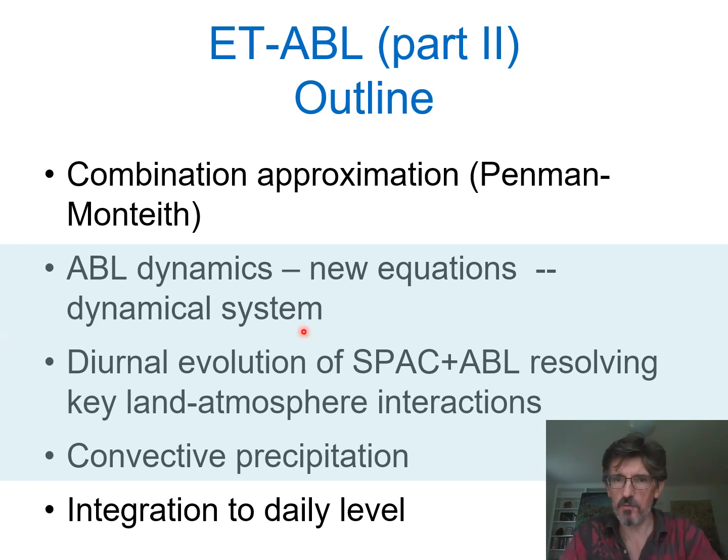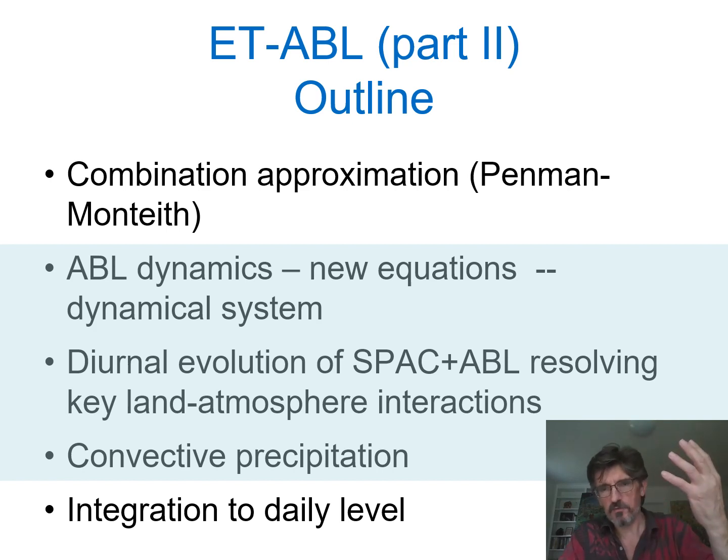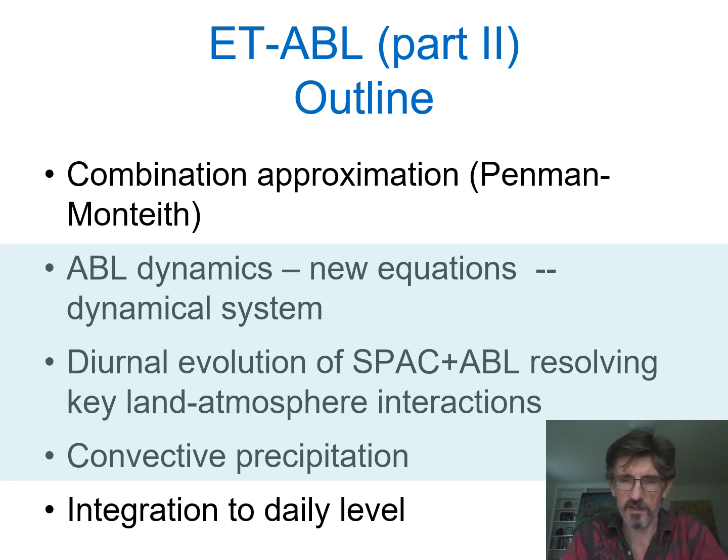These extra equations are the energy balance, the water balance, and the growth of the boundary layer equation, which form an interesting dynamical system, which provides us with the diurnal evolution of the combined Soil-Plant-Atmosphere Continuum and ABL system together. So this will help us describe the whole key land-atmosphere interaction: how land processes affect the atmosphere and how the atmosphere in turn affects the land processes.